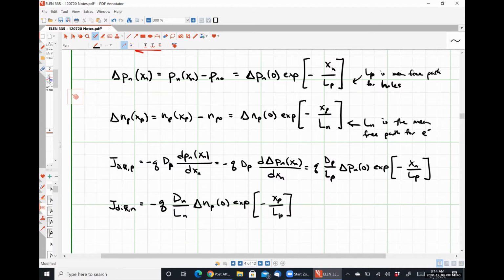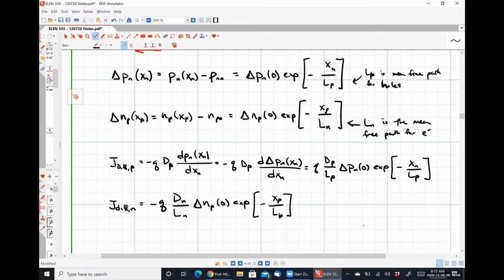out here. It appears as if the current flowing through the device is location dependent. And that's not entirely true, or actually not true at all in this case. The total current flowing through the device should be constant.